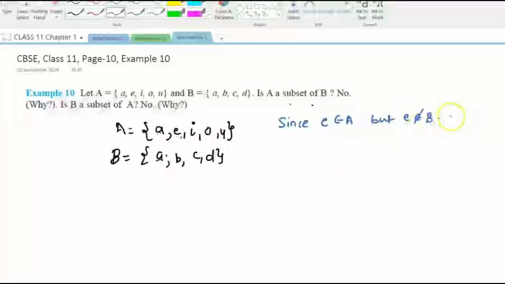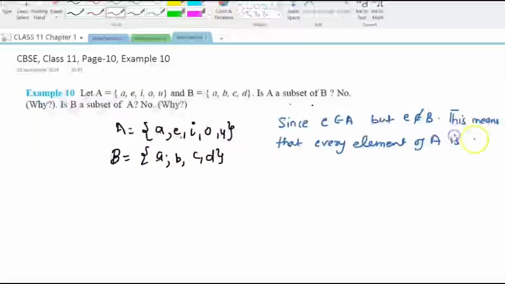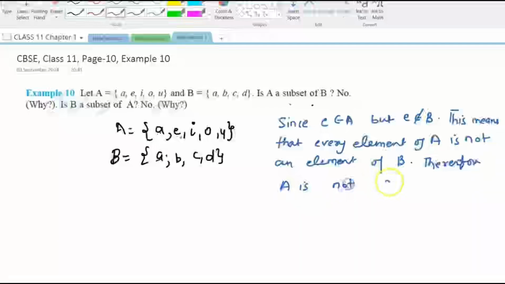This means that every element of A is not an element of B, and therefore A is not a subset of B. So it covers both: no, it's not a subset.